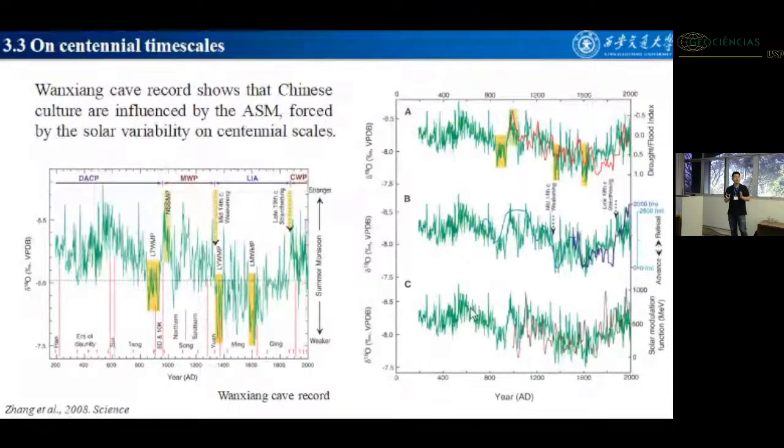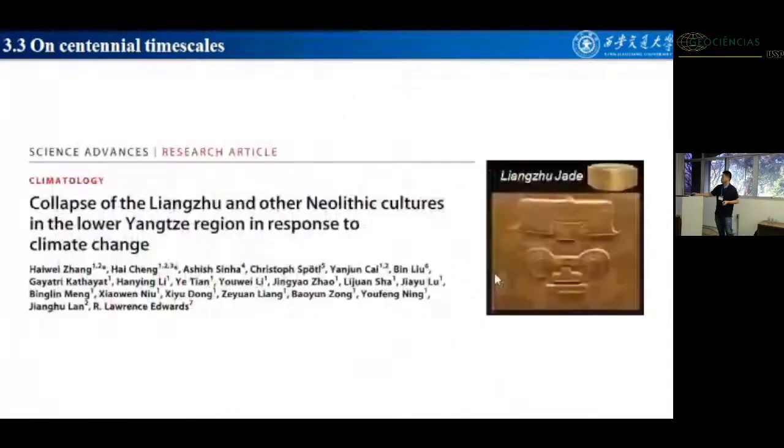On orbital and millennial time scales, it normally reflects the monsoon intensity or the circulation. It can't directly reflect the rainfall amount, but on centennial time scale, it's quite close to the local hydrology.